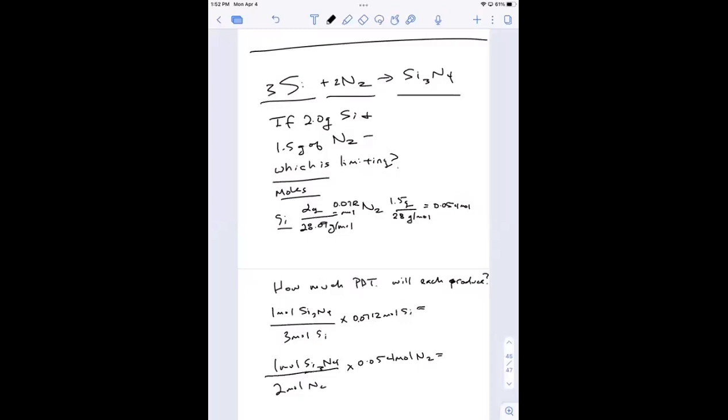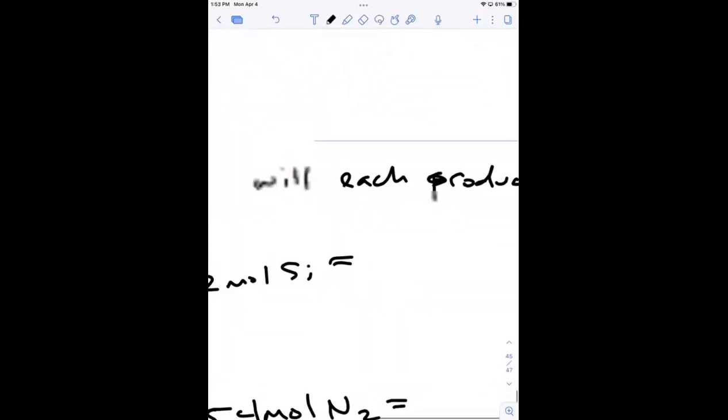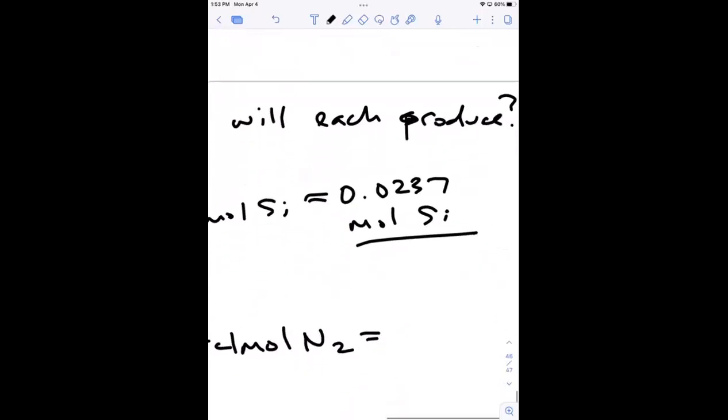Right, so for silicon, it is 0.0237. For nitrogen, it is 0.0268.